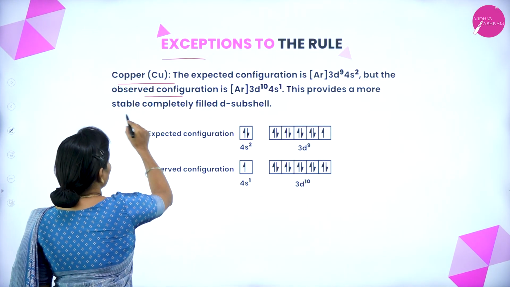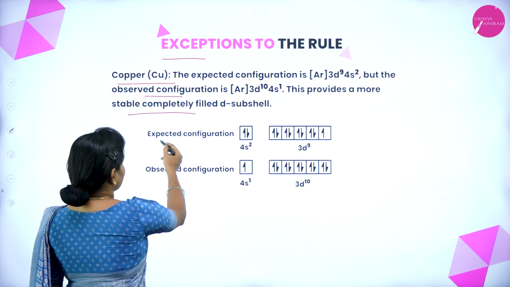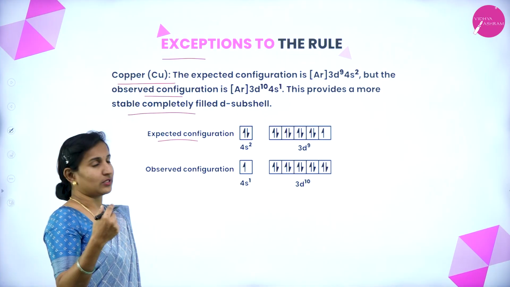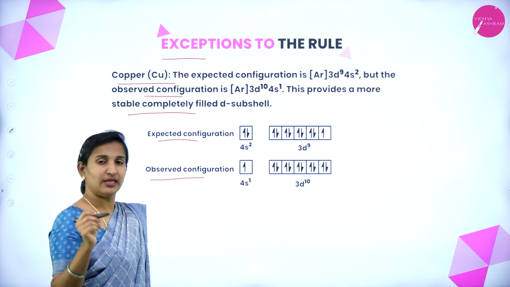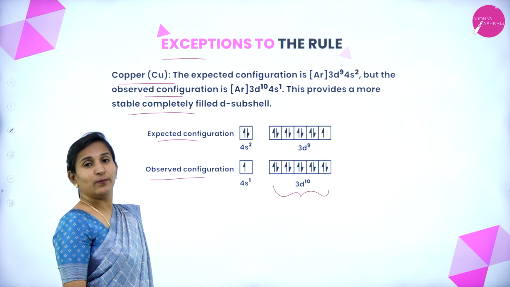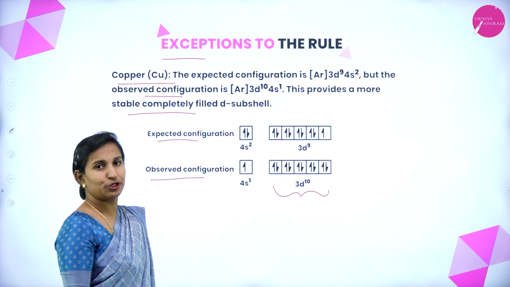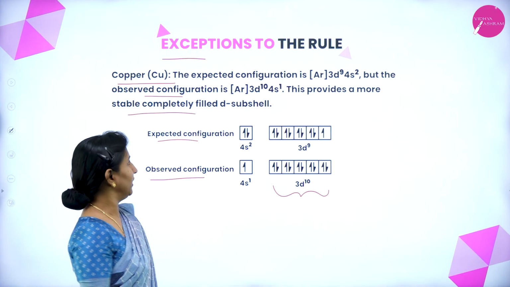This provides a more stable completely filled d subshell. Expected configuration 4s2, 3d9, observed configuration 4s1, 3d10. The 3d10 is said to be a completely stable configuration of electrons in copper, showing extra stability.